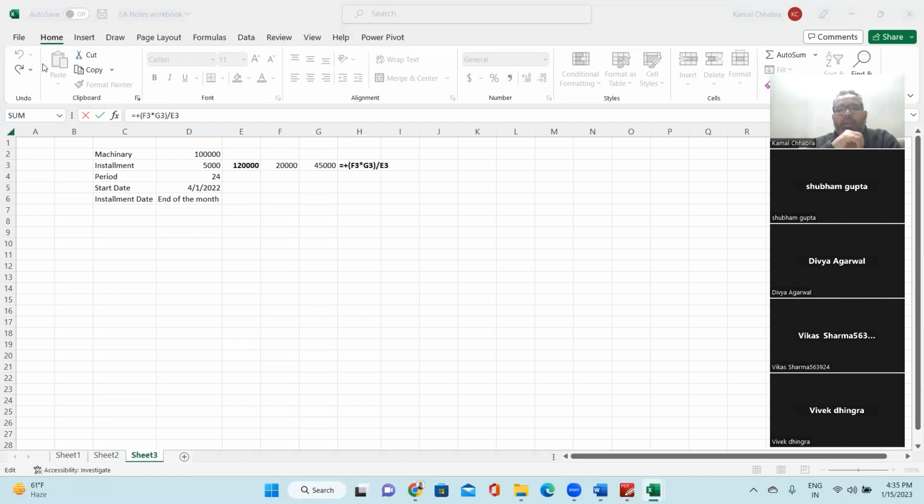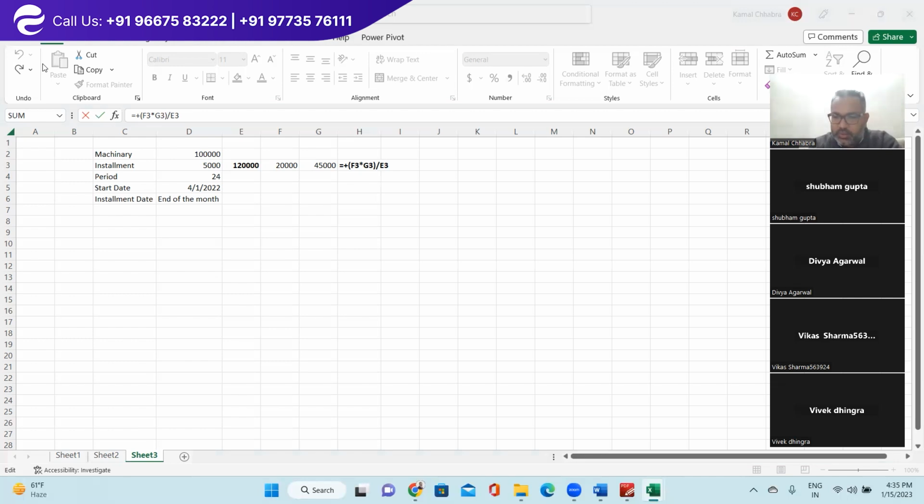In this 45,000, what amount of capital gain is inbuilt? 20,000 into 45,000 divided by 120,000. So that's the formula. Got it, everyone? Yes, sir. So that's how we calculated this: 7,500. So this is the capital gain.